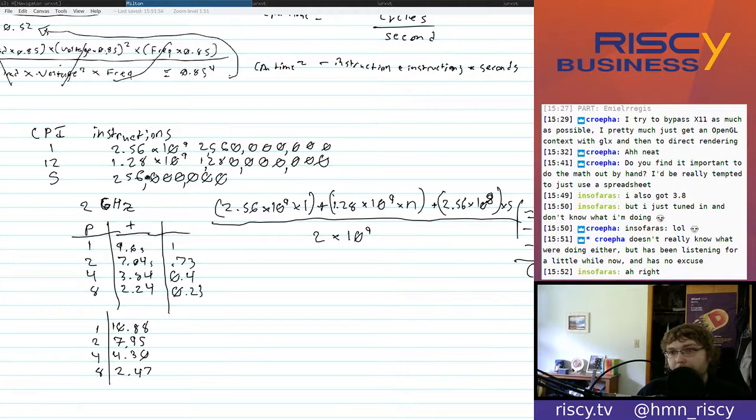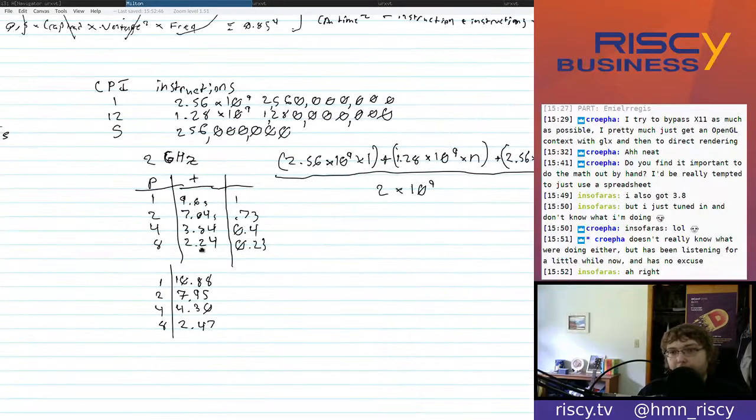I thought intuitively it should be 2.56 times 10 to the 8th divided by p, but they're saying it should be the same. So I'm assuming that reading the question literally, they mean keep it at 256 million instructions per thread for branches. So I worked through the math, and we got these times for the different number of processors.